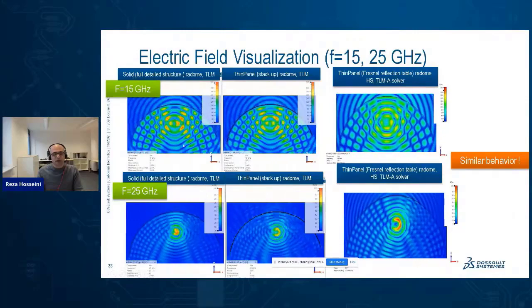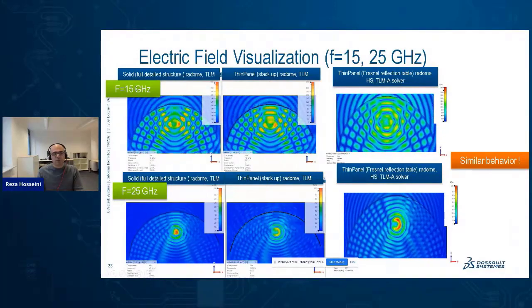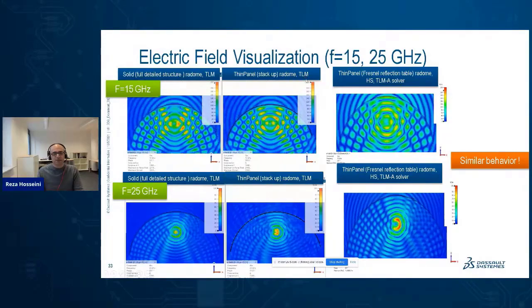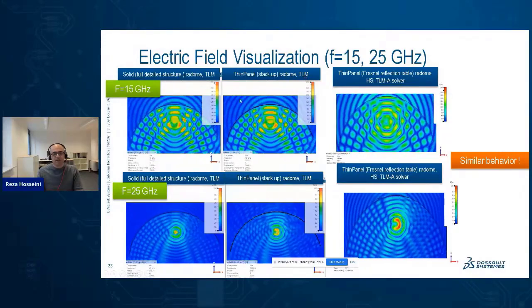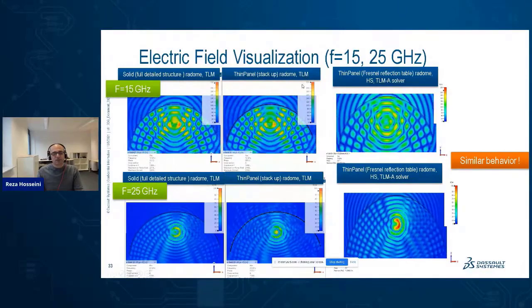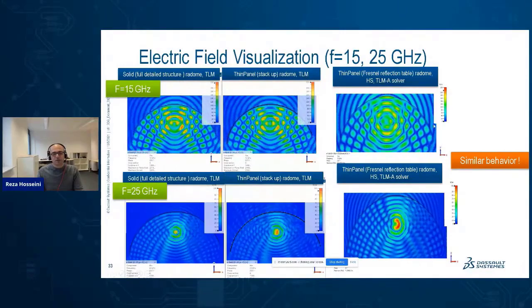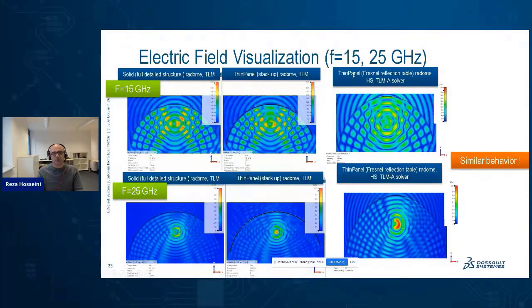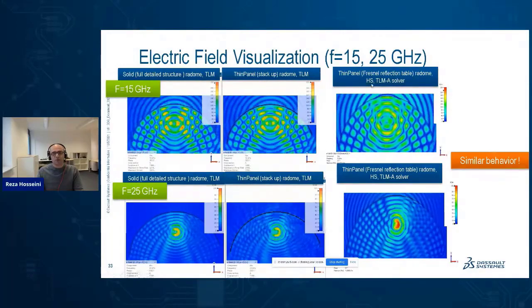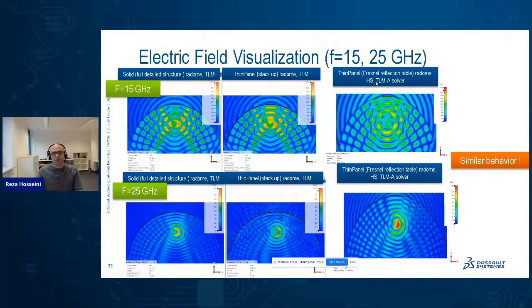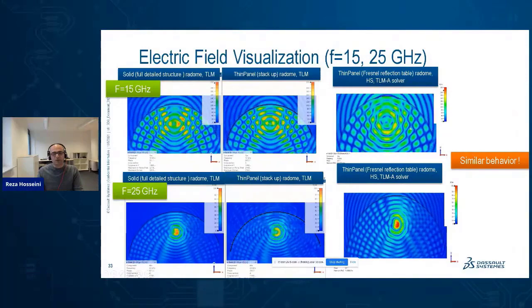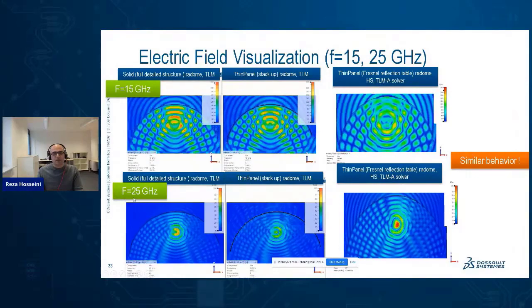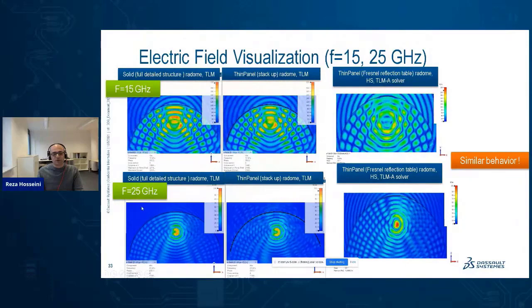From left, it would be the full detailed structure, so full geometry in the TLM solver. Then we would have the sim panel stack-up representation in the TLM, and the third would be sim panel, but in the asymptotic solver with the help of the hybrid solver, the hybrid between TLM and asymptotic solver. I'm going to talk about it in a second. And here is also another frequency, a notch band frequency.